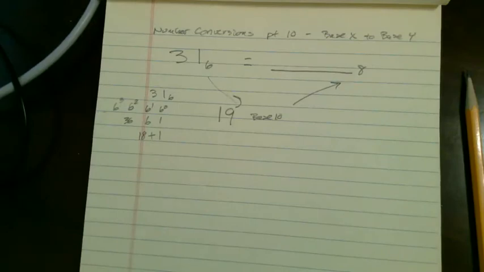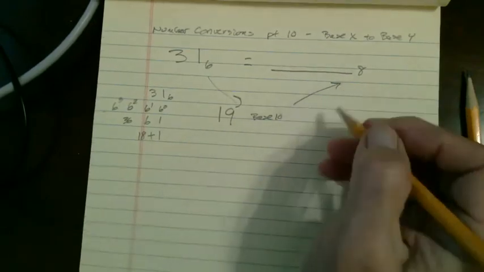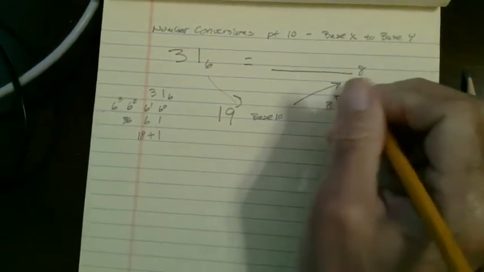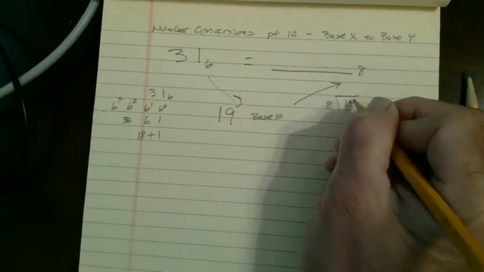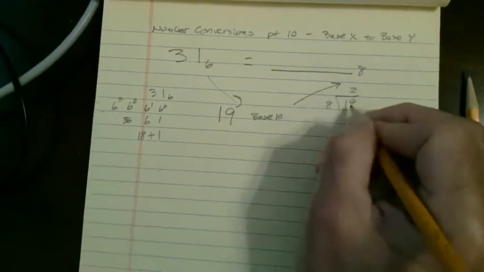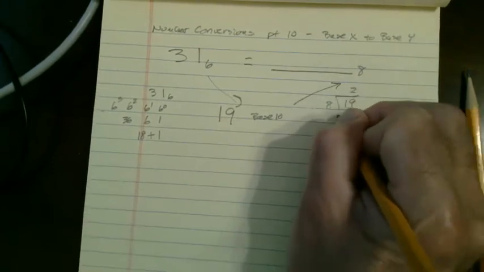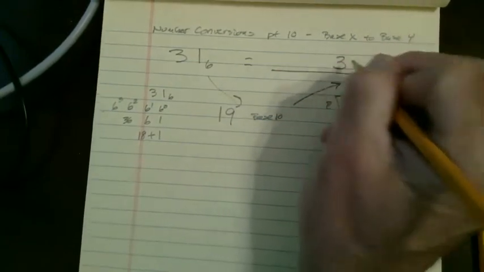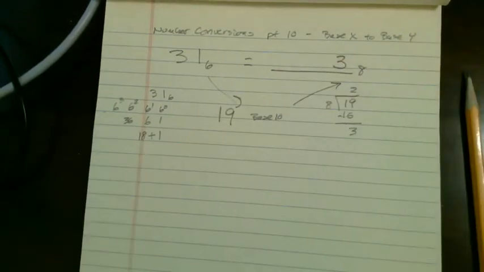So now I've got to take 19 and convert that into base 8. So I'll take 19, divide it by 8. 8 goes into 19 two times. That's 16. I get a remainder of 3. That becomes my rightmost digit.